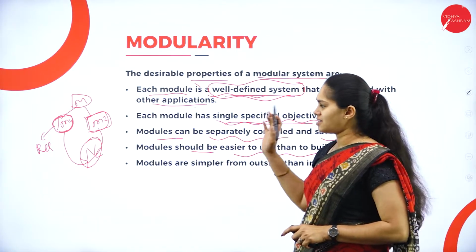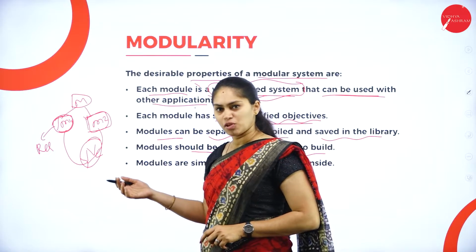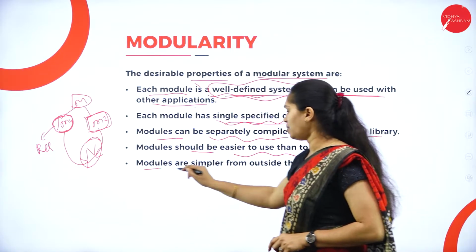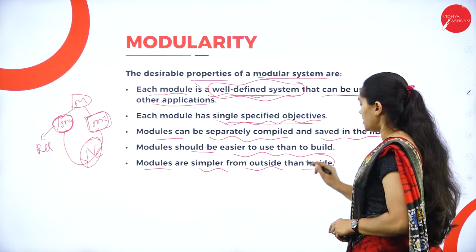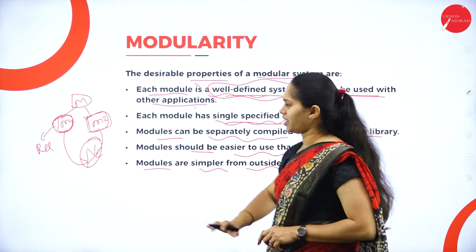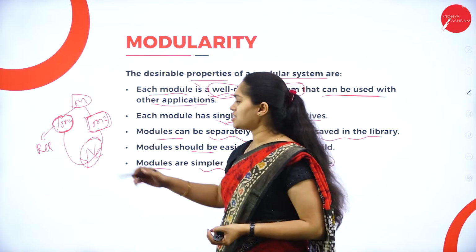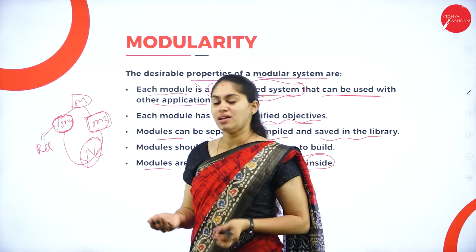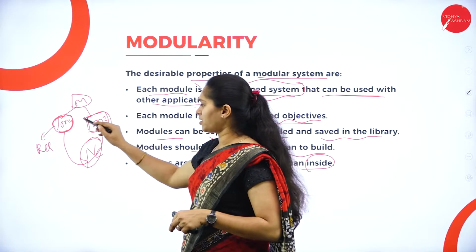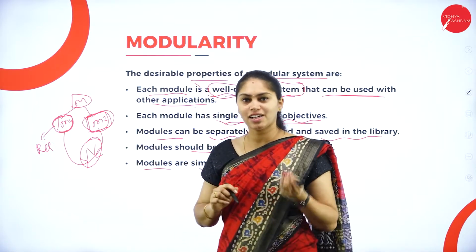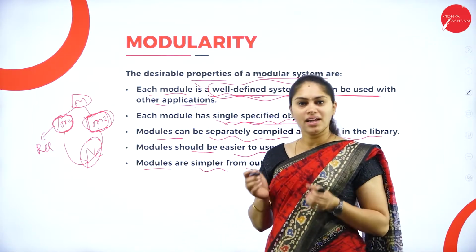So all these are somehow difficult to build, but for usage it will be easy, and modules are simpler from outside than inside. If you are just looking at M1 and M2 and N, modules will be easy from the outside, but when we look at the inside process or functionality of that module, it is somewhat difficult.